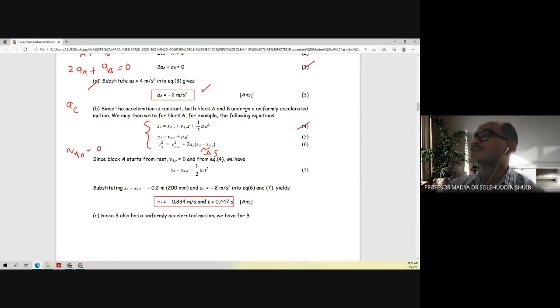Since the initial velocity goes to 0, the remaining part is only delta s.